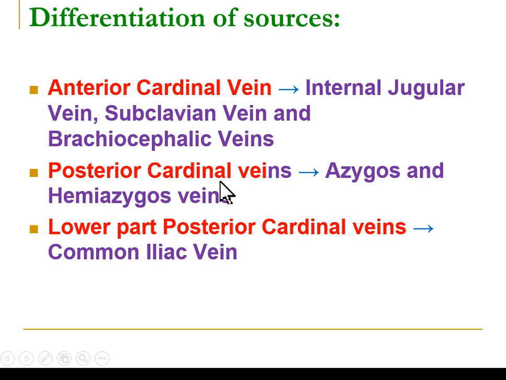And the common iliac veins, which form the inferior vena cava, originate from the lower part of the posterior cardinal veins.